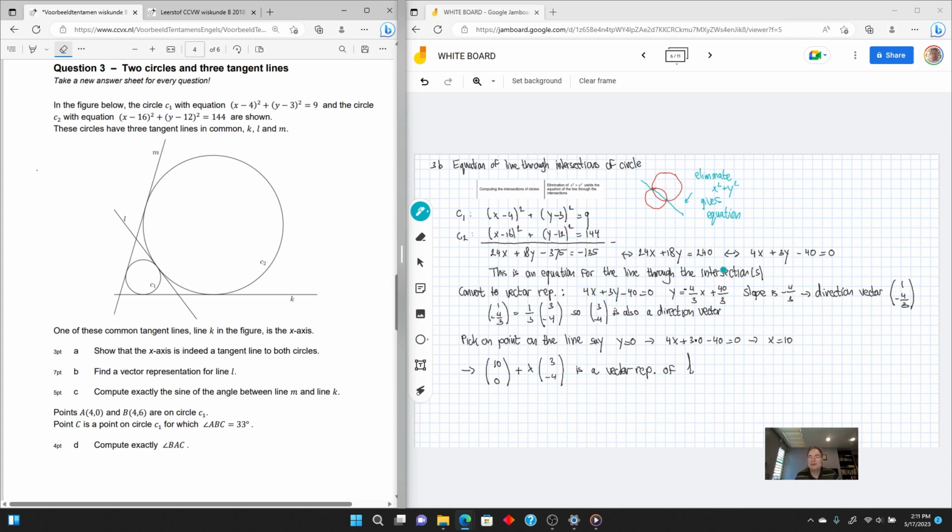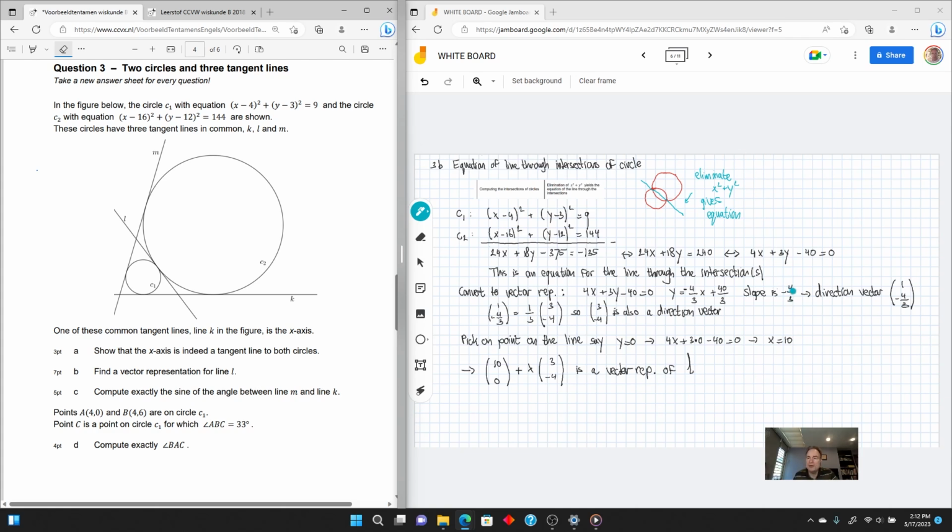Well, first, just write it in the slope-intercept form, which is here. You just isolate y here. You bring x and 40 to the right, and you get y is minus 4 over 3 x plus 40 over 3. So the slope is minus 4 over 3.